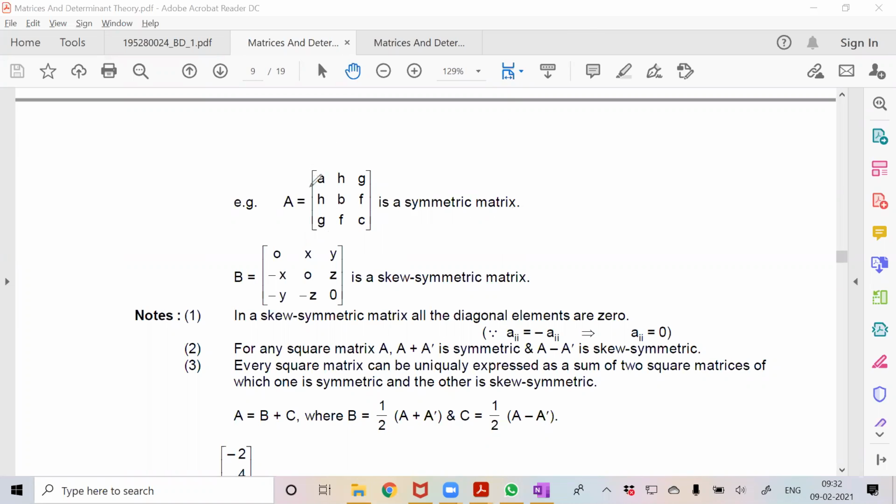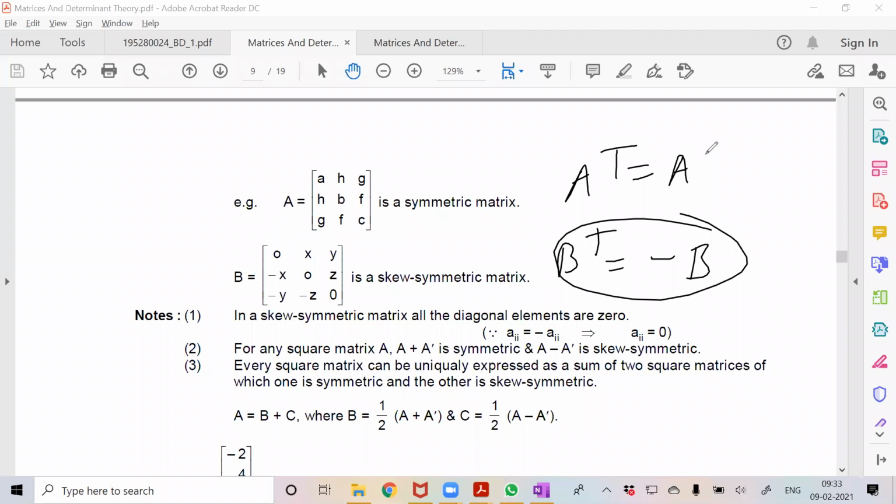So if you find the first row is equal to the first column, second row is equal to second column, third row is equal to third column, we call it symmetric. In mathematical sense, A transpose is equal to A. Here you can see the diagonals are 0, x, y, minus x, minus y, z, minus z. So you will find B transpose, you would get minus B. A transpose you will find, you will get A. That's why it is symmetric and that's why it is skew symmetric.